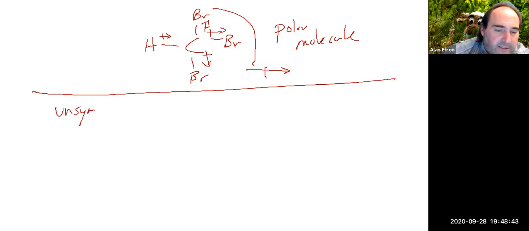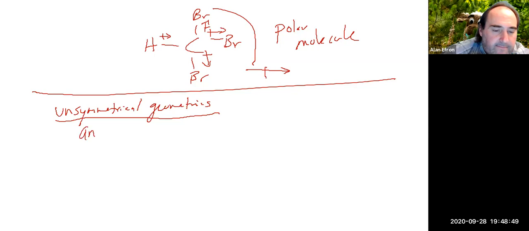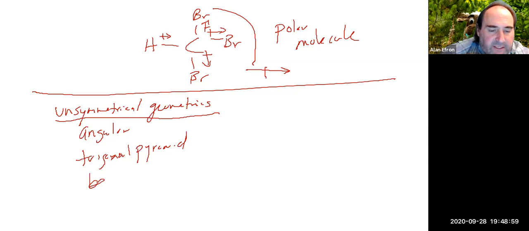Unsymmetrical geometries are your angular, your trigonal pyramid, your bent or V-shaped.